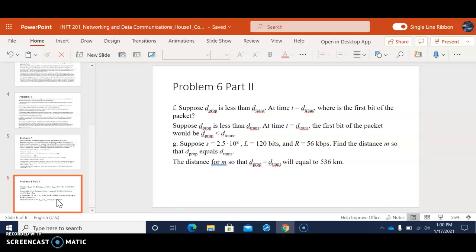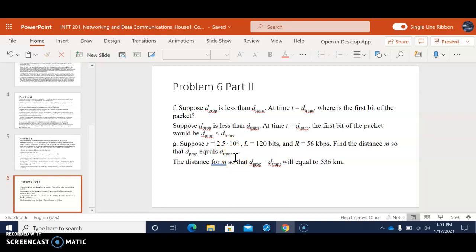So right here, what can we do? We write L over R for dtrans, which will be 120 divided by 56 times 10 to the power 3. This is the dtrans section, and for dprop it will be m over s, which is m divided by 2.5 times 10 to the power 8. Now we don't know what m is, so we have to find out.